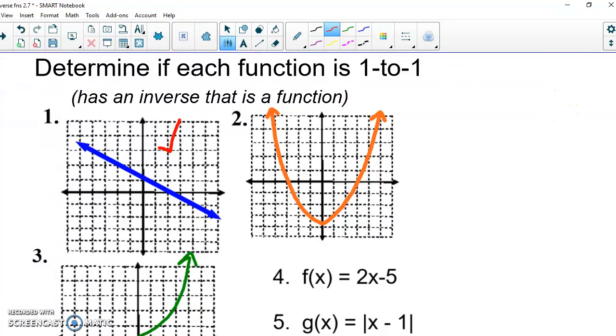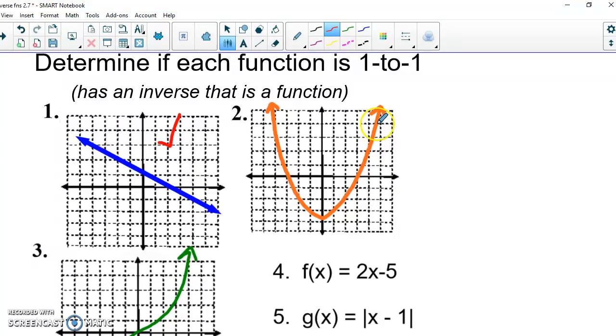All right, now let's look at number 2. The problem with number 2 is that it doesn't pass the horizontal line test. So when I take this and try to find the inverse, I'm going to get something that is C-shaped. I can try a couple of points, and you'll see what I mean.